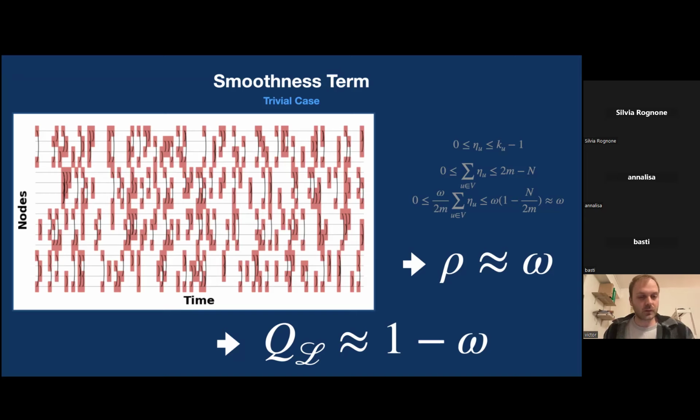Because in the static case, the modularity is built to avoid trivial cases, such as putting all the edges inside the same community. So in the temporal case, temporal networks also raise trivial cases we have to look after.